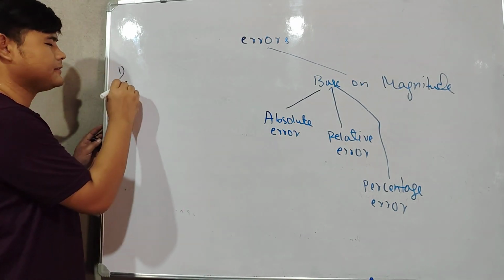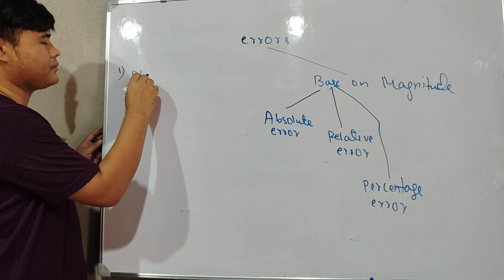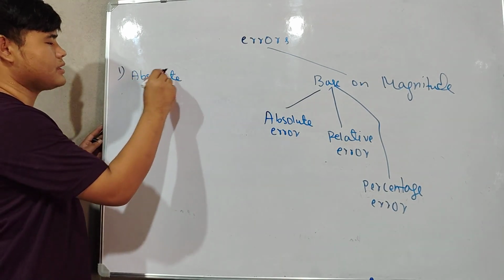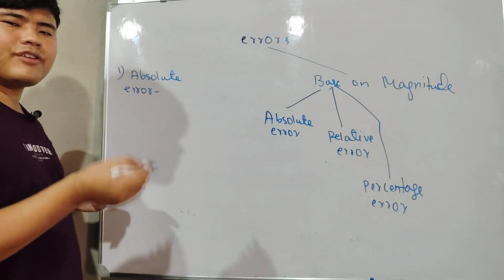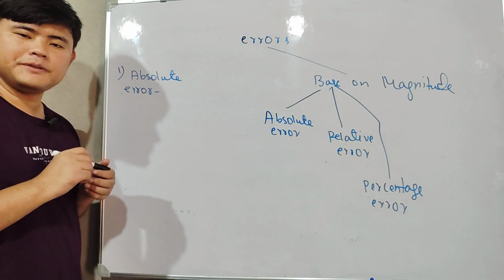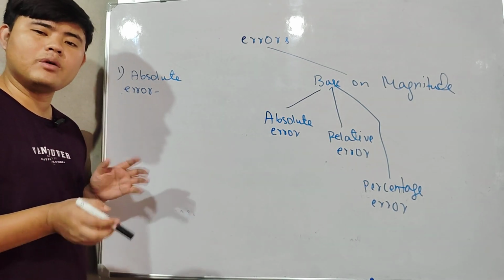Number one, absolute error. So what is this absolute error? It is the difference between the true value and the measured value.